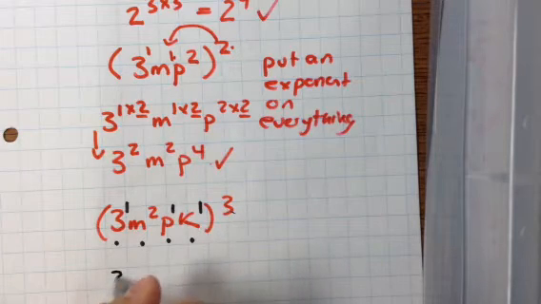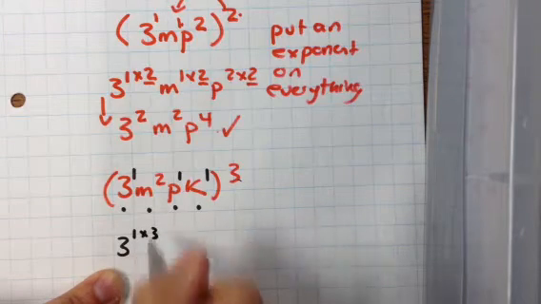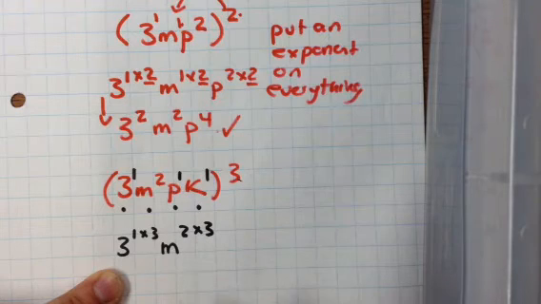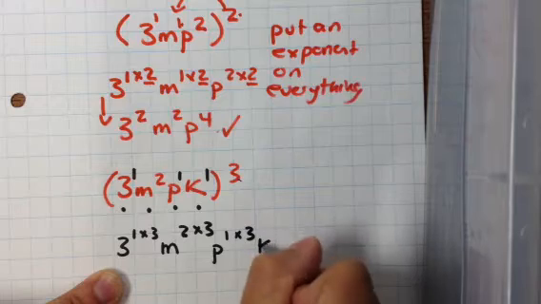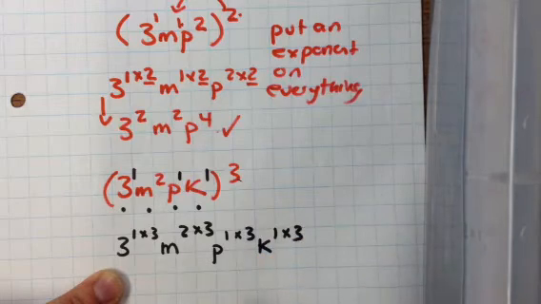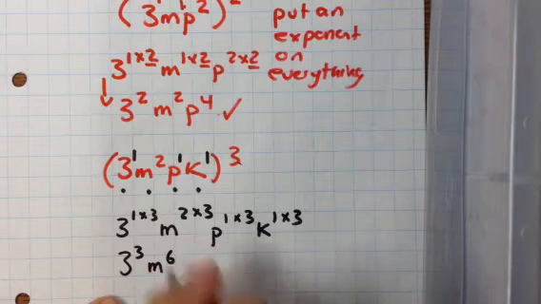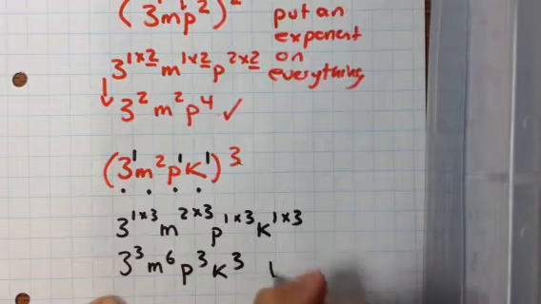So when you write this out, you would have 3 to the 1 times the outside exponent, m to the 2 times the outside exponent, p to the 1 times the outside, and k to the 1 times the outside. Clean it up, 3 to the 3, m to the 6, p to the 3, k to the 3, and everybody's happy.